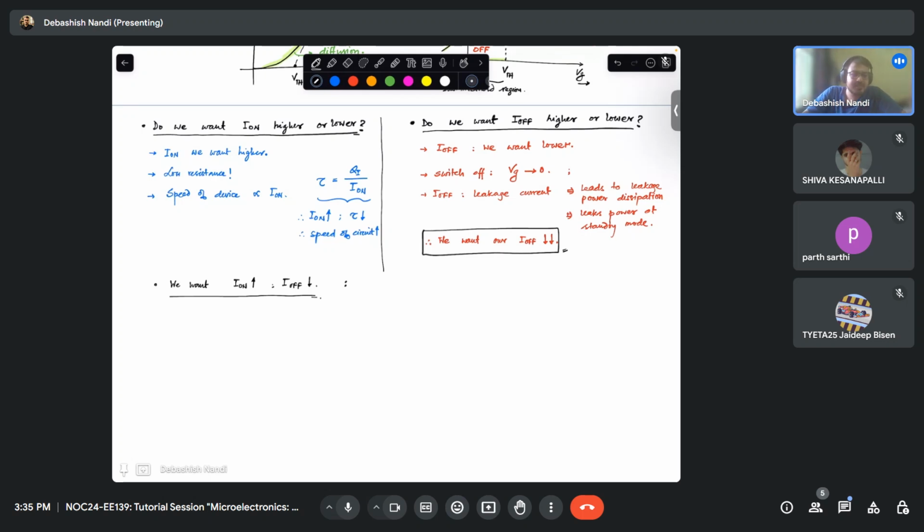Your on-state power dissipation will increase, and your W by L ratio may not be sufficient to increase further. Mainly the limiting factor is your power dissipation or the heating issues. So let's say Ion is fixed, but then also I need to reduce my Ioff.